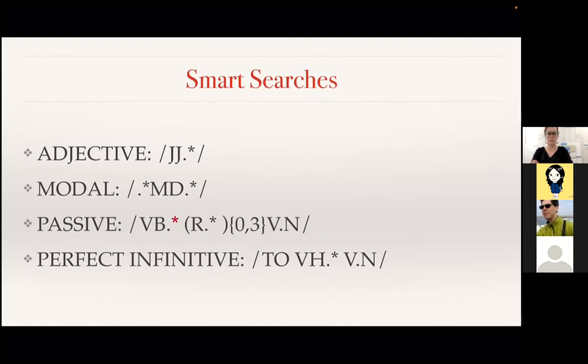So if we want to look for adjectives, you have to know the tag of the adjective. Or if you want to look for the structure of passive voice, you have to know how to write it in a special language called regular expression. So you don't have to do that with this special smart search function.